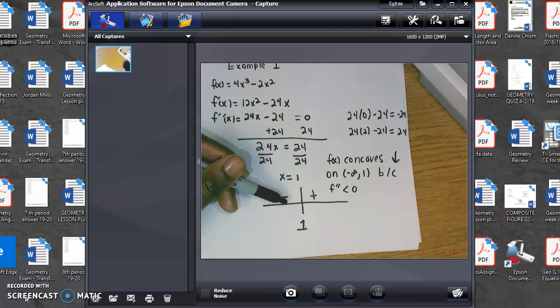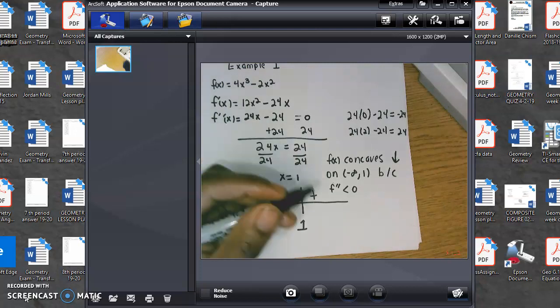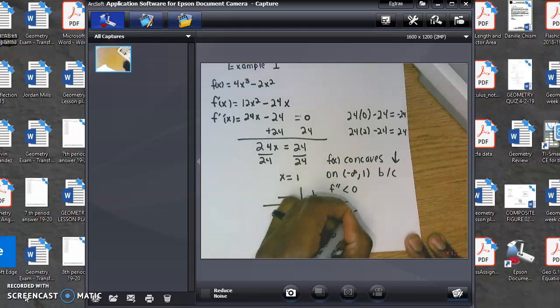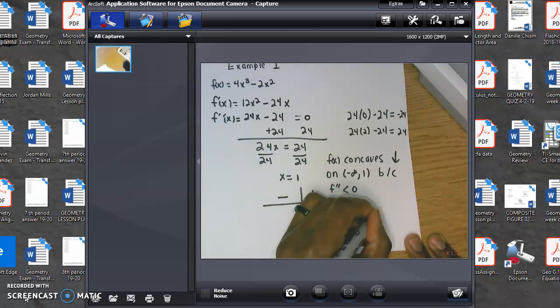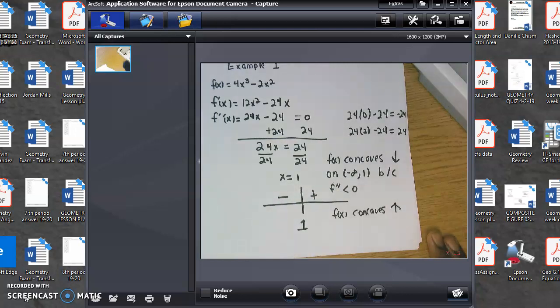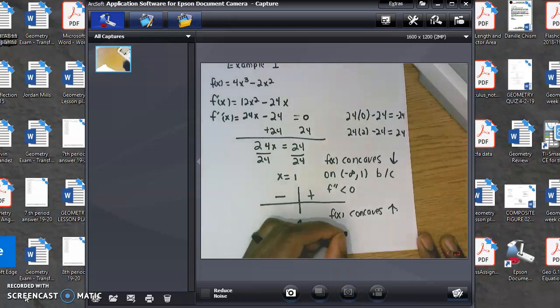But if you look to the right of 1, f of x concaves up. Why does it concave up? It's because your second derivative, and it's actually concaving up from 1 to infinity.